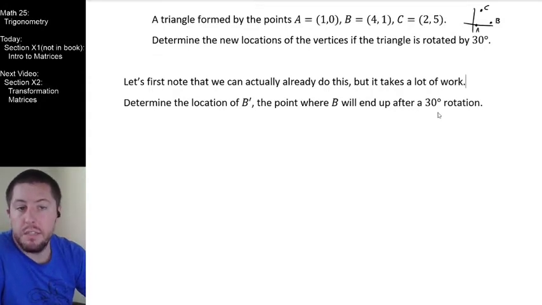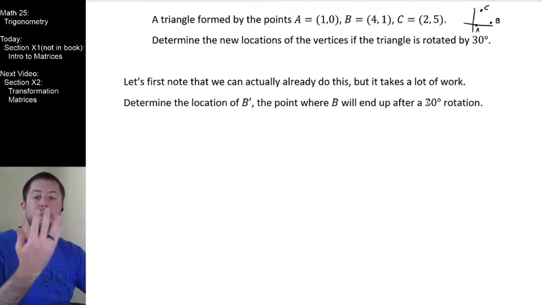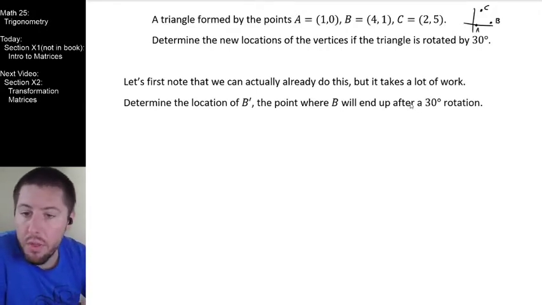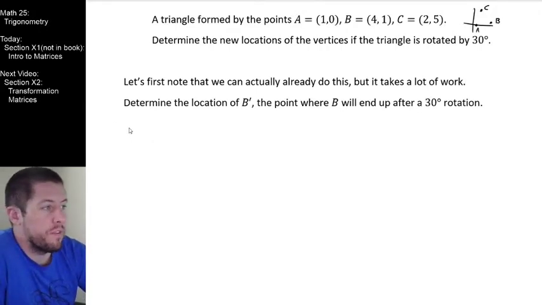In polar coordinates, it's very easy to apply rotations because you just add that amount to the current amount of rotation associated with the point. Then once we've done the rotation in polar, we can convert back to rectangular so that I know those final XY coordinates. So we're going to convert to polar.